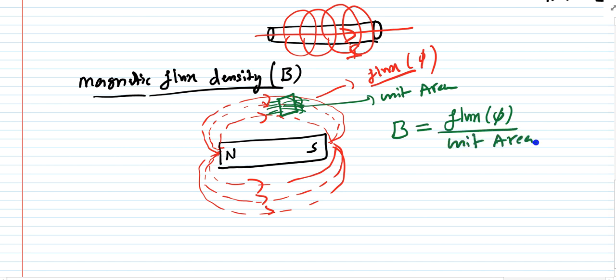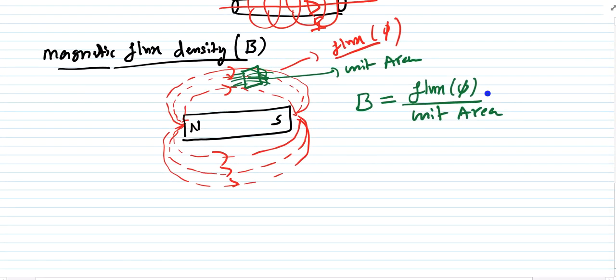Flux per unit area is called the magnetic flux density. If you draw a unit area, the amount of flux flowing through that unit area is defined as the magnetic flux density.